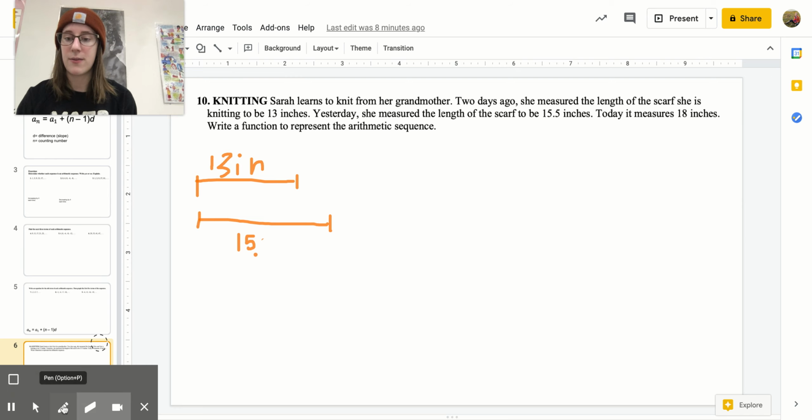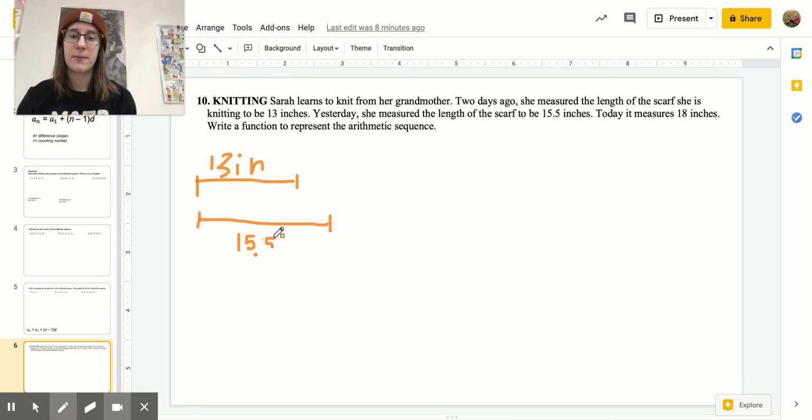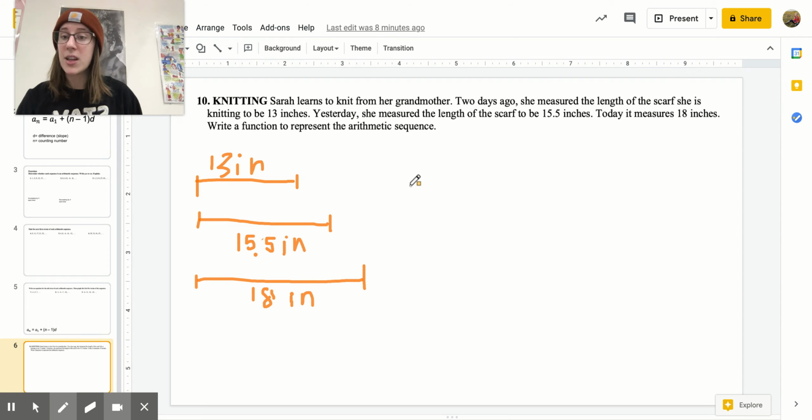That does not look like a 5. Today, it measured 18 inches. So in our arithmetic sequence, we have 13, 15.5, 18.